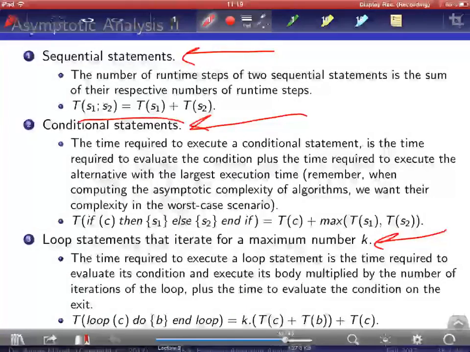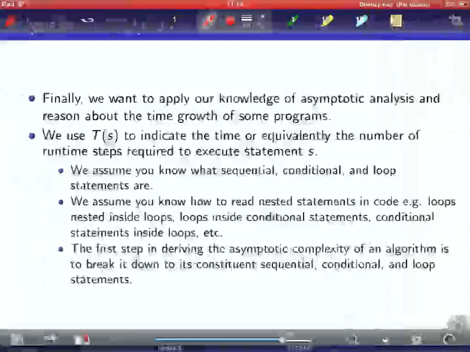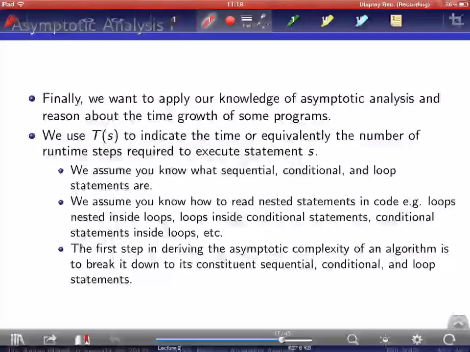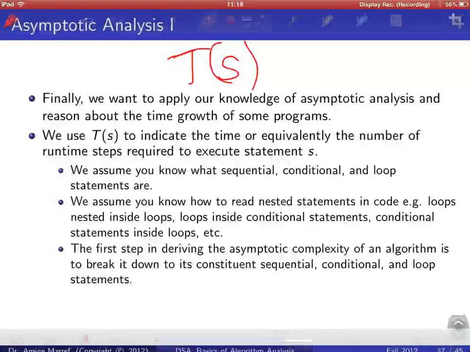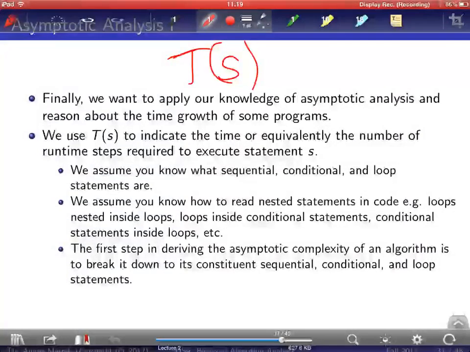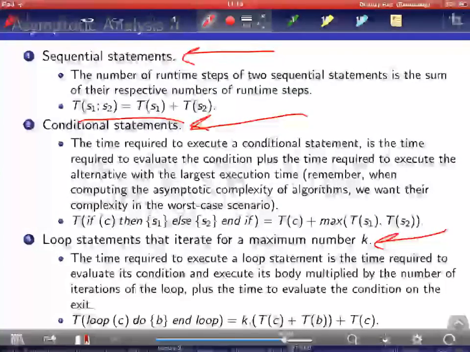Now, if we have a conditional statement written as if C, then S1, else S2, then the execution or the number of steps is the time to evaluate the condition, plus we take the maximum time of either S1 or S2.